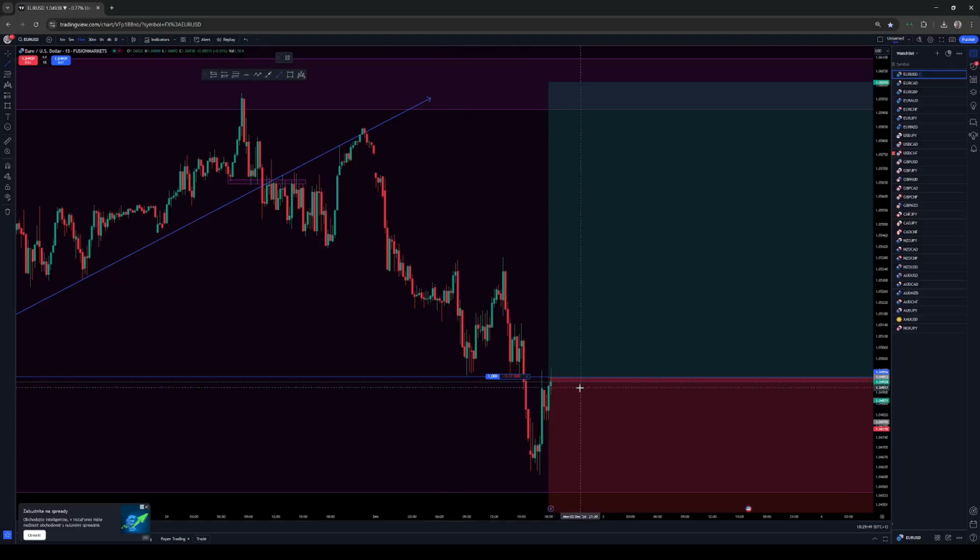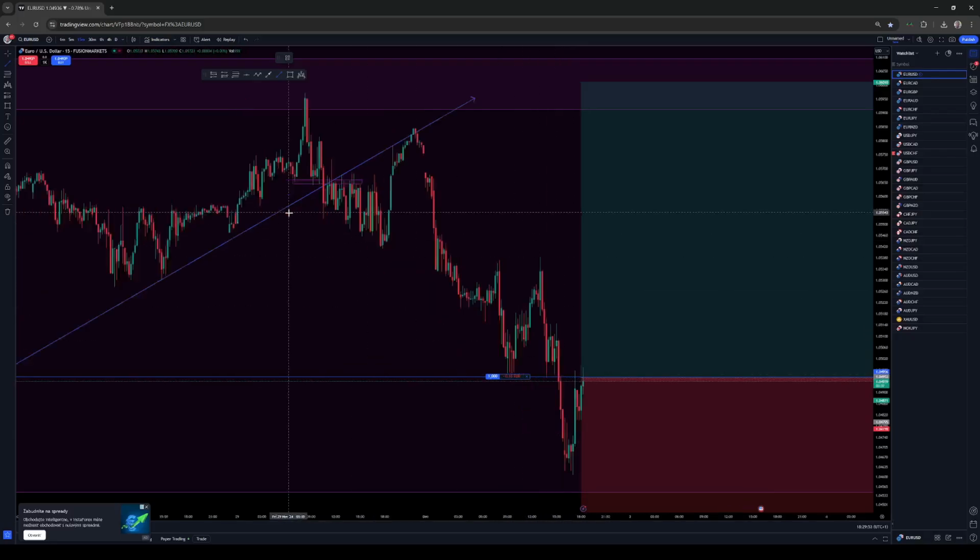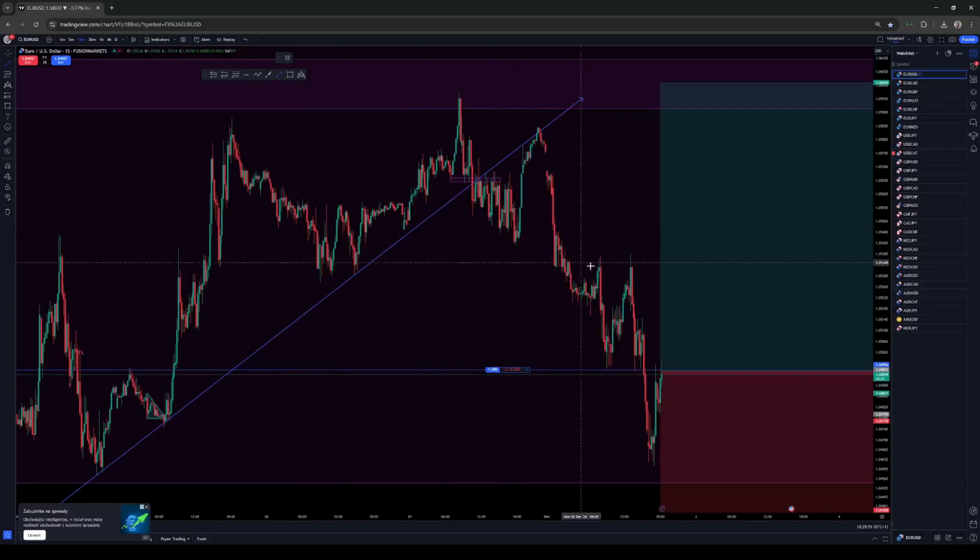So basically it doesn't really look that bad, at the exact place where we just hit this start.